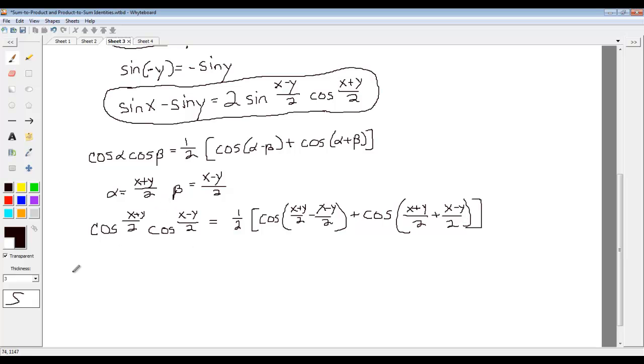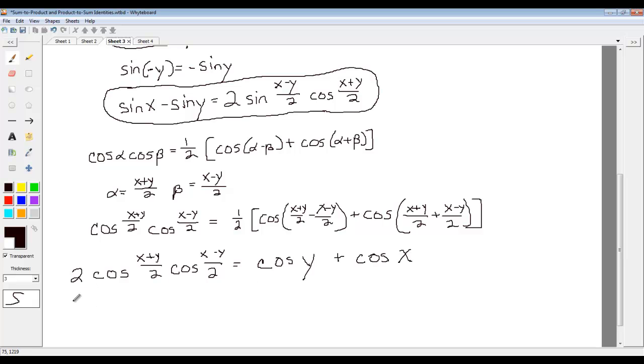Multiply both sides by 2 also. You get 2 cosine of (x plus y)/2 cosine of (x minus y)/2 equals, and 2 times 1/2 is 1. Then cosine, let's see, x over 2 minus x over 2 would be 0, but y over 2 minus negative y over 2 would be 2y over 2, or y, plus cosine, here we're going to end up with cosine x.